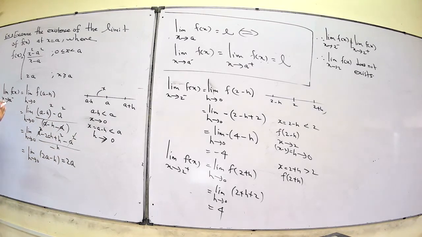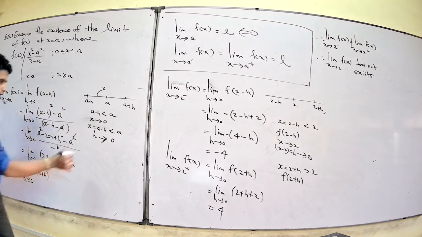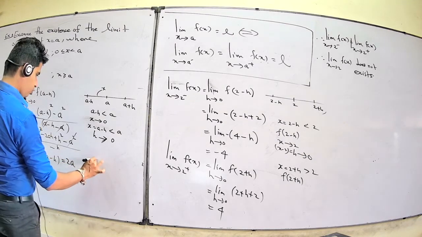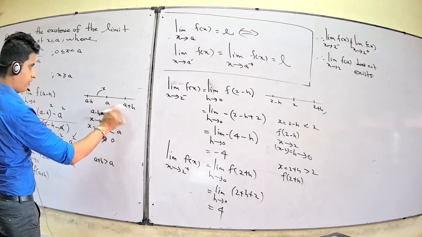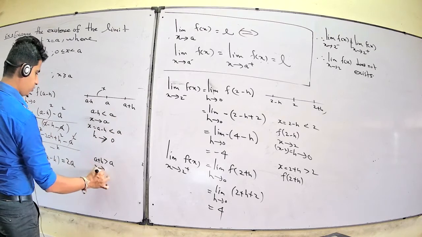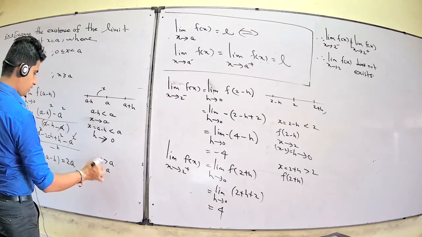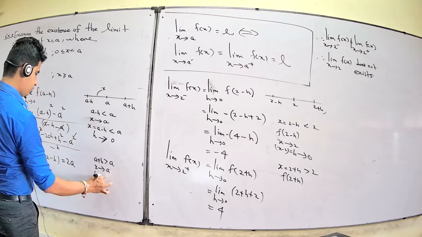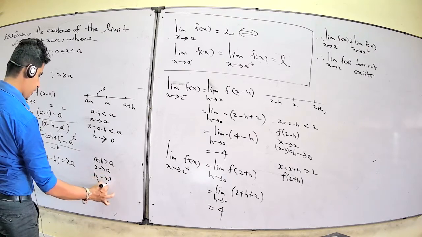For the right limit, the limit of f(x) as x tends to a plus, you put x equal to a plus h, in that case h tends to 0. Here a plus h is obviously greater than a. As x tends to a, h tends to 0 because you take x equal to a plus h.